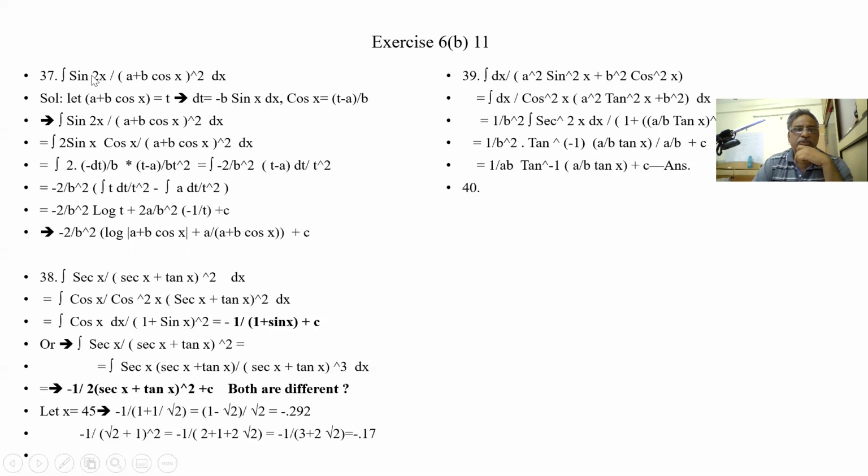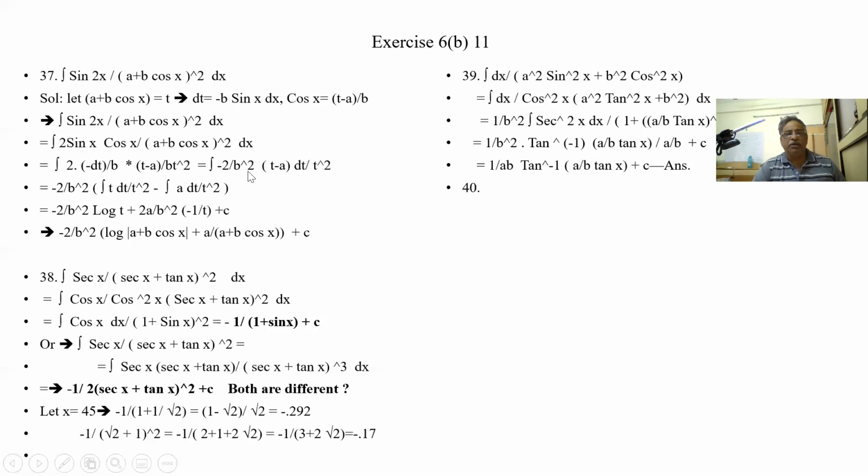So here sin 2x, I am writing as 2 sin x cos x by a plus b cos x whole square dx. So 2 times minus b sin x dx is dt, so 2 into minus dt by b. In place of cos x, I am using t minus a by b. And this whole square is t square.